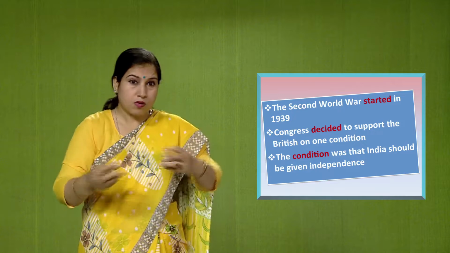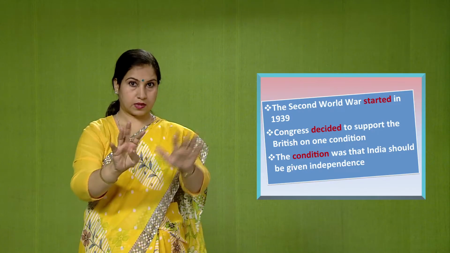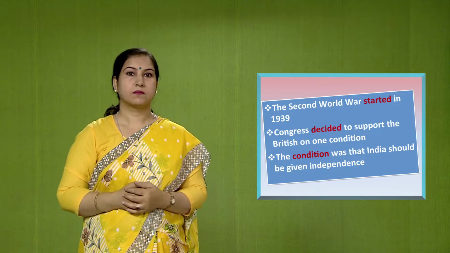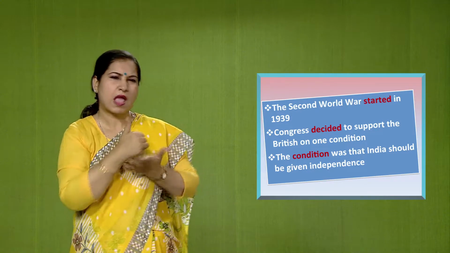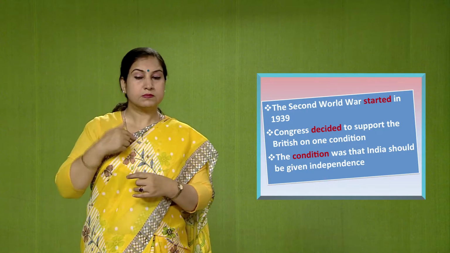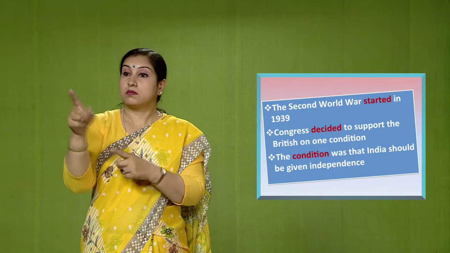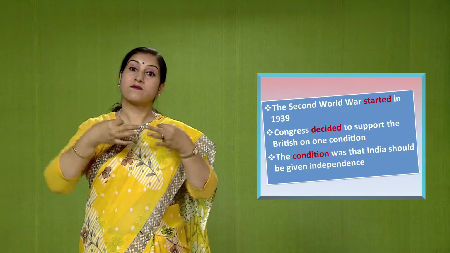Learners, do you know that the Second World War started in the year 1939? The British government asked support from Congress Party. While Congress decided to support the British on one condition, and the condition was that India should be given independence.